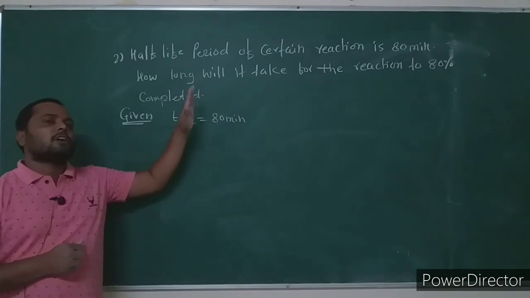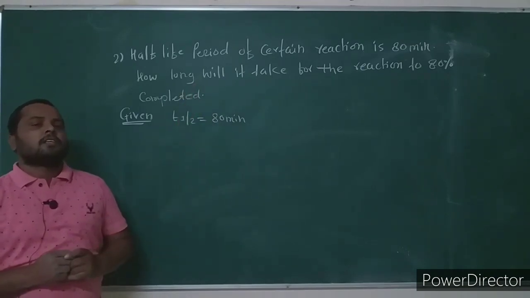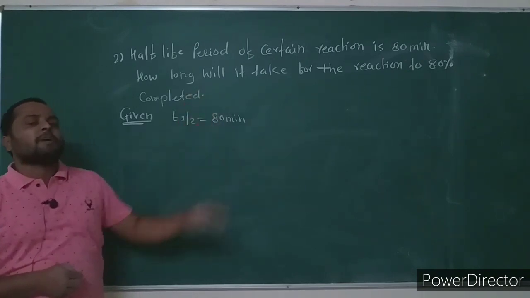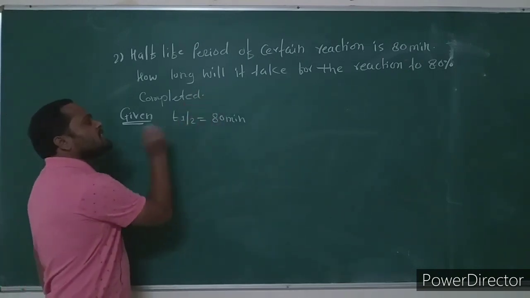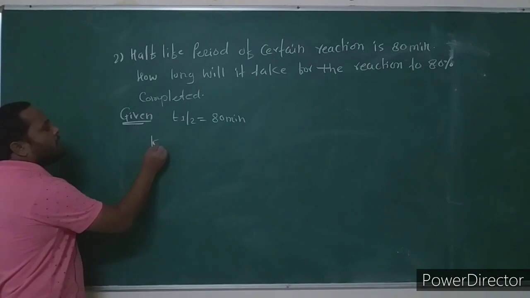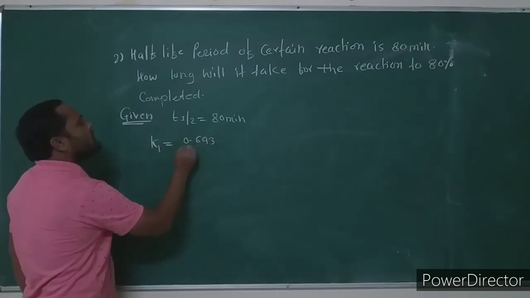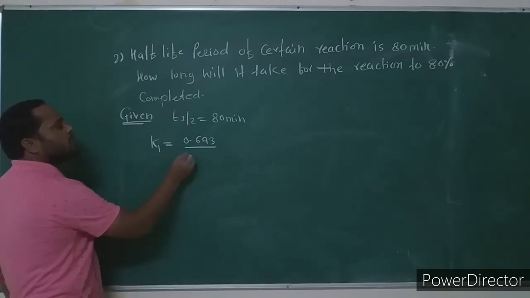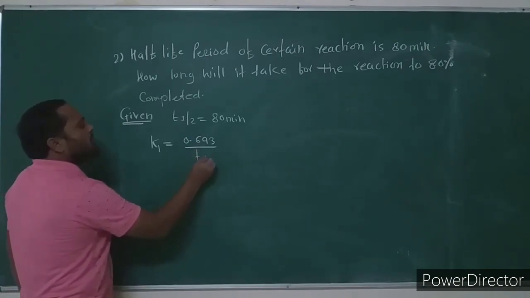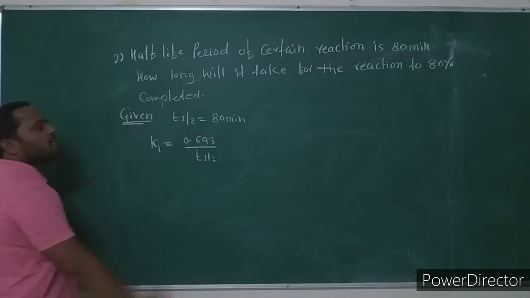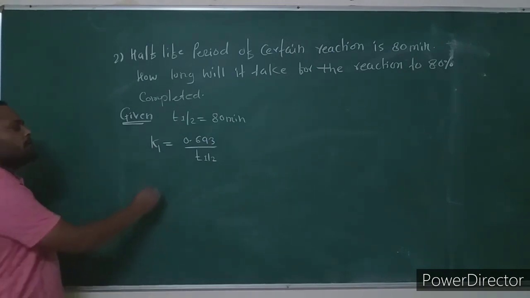For the given reaction, first the rate constant will be determined. We can first determine the rate constant by using the half-life period. The rate constant and half-life period are related by the equation K1 is equal to 0.693 divided by T half.